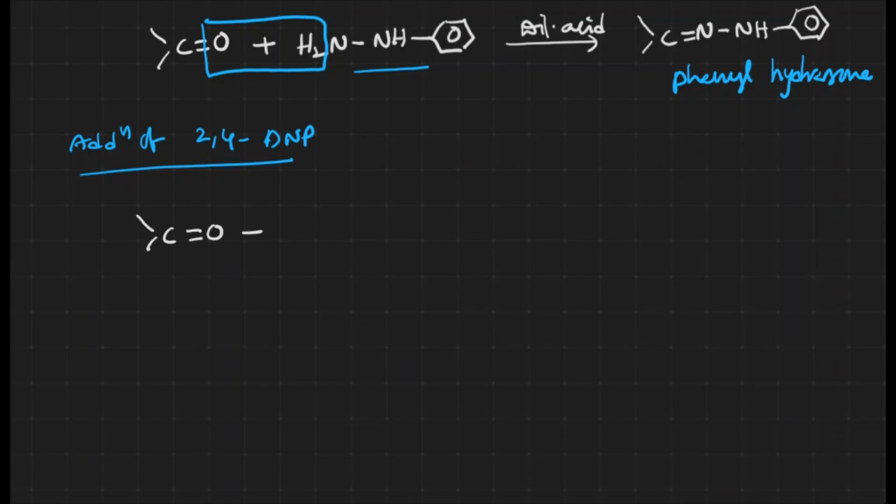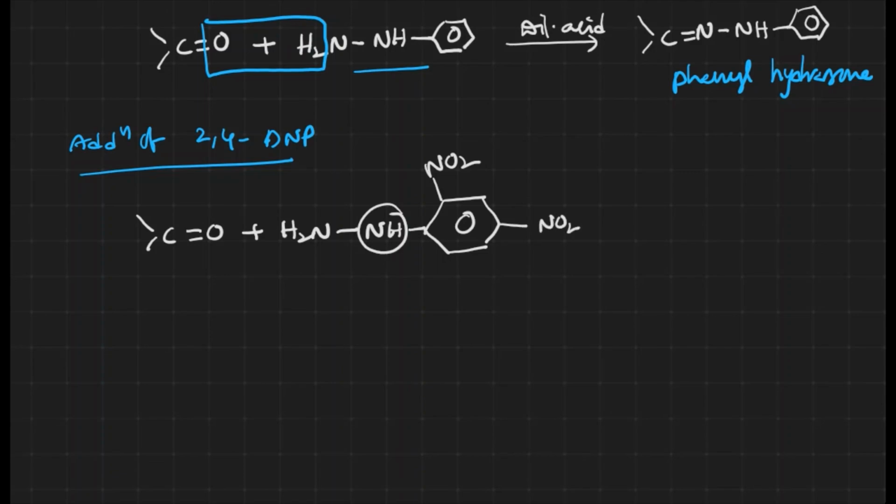C double bond O. What is the phenylhydrazine over here? It is going to be H2N, NH, and we have the 2,4-dinitrophenyl group, right? With respect to this particular group, this is the second position, this is the fourth position, and this is the NO2. This is NO2. 2,4-dinitrophenylhydrazine. This is the structure.